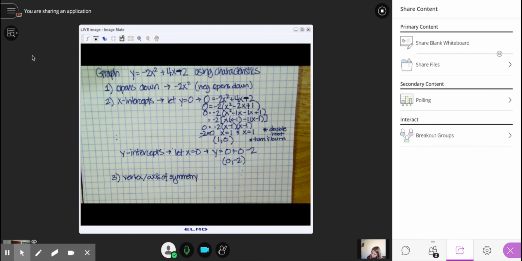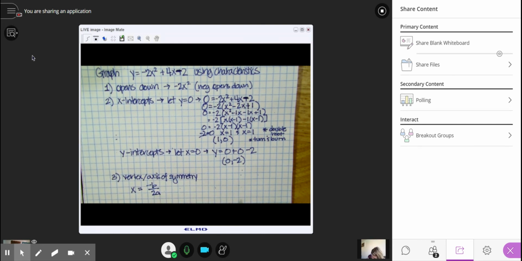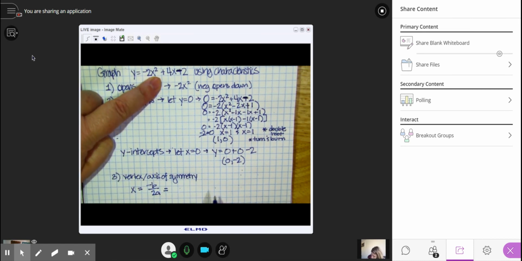Our vertex or axis of symmetry is found when we let x equal the opposite of b over 2a. So if we look at our original, b would be 4.